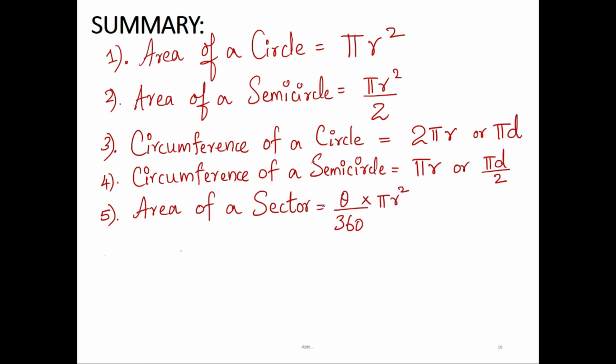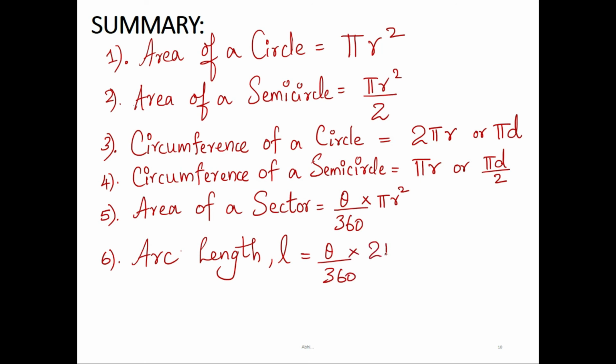Area of a sector equals theta over 360 times pi r square. Theta is the angle in degrees. Arc length L is equal to theta over 360 times 2 pi r, or you can also write theta over 360 times pi d.